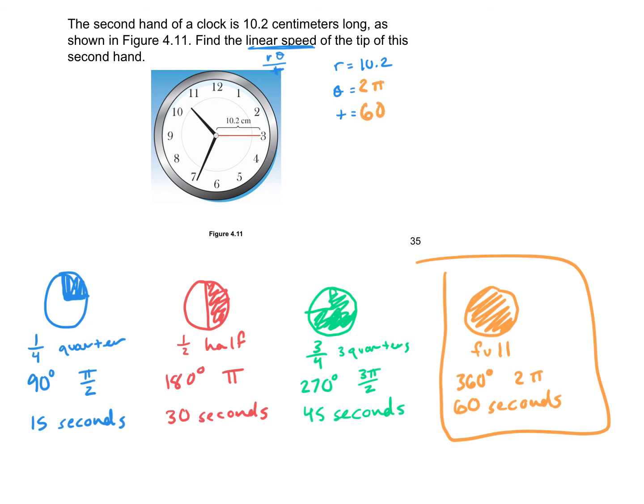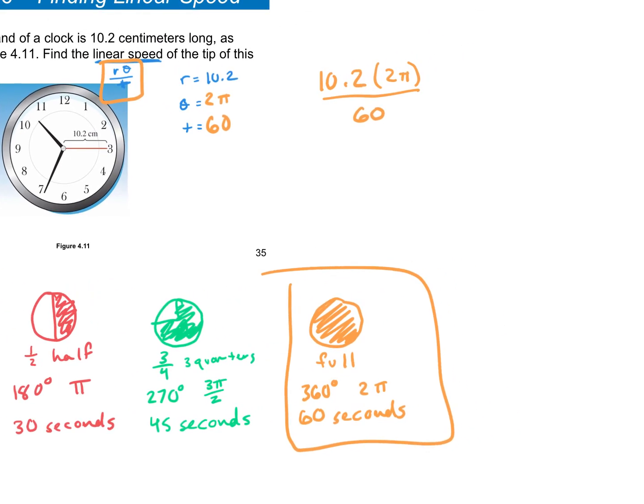Let's just say we have a full rotation here. So we're going to use this formula, r times theta over t. So r is 10.2, theta is 2 pi, and t is 60. And then we just put this into our calculator. What do you get?